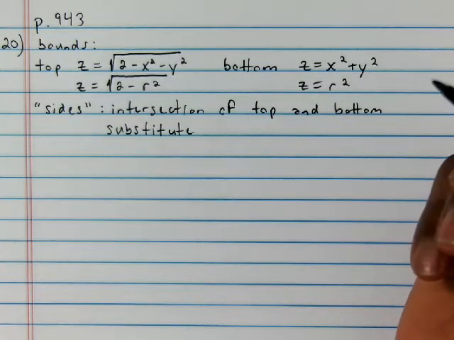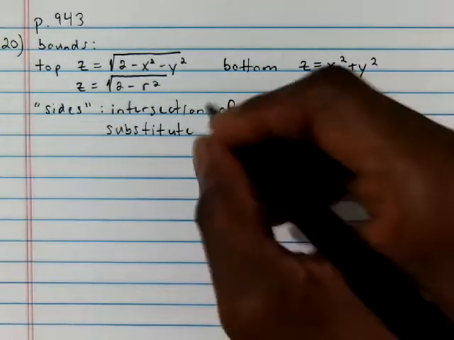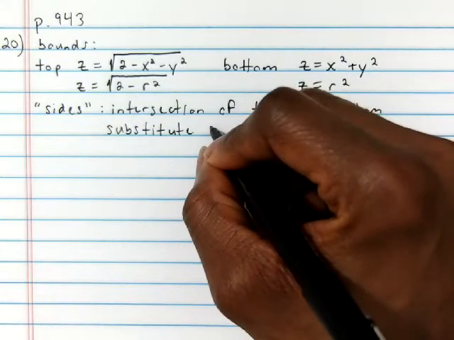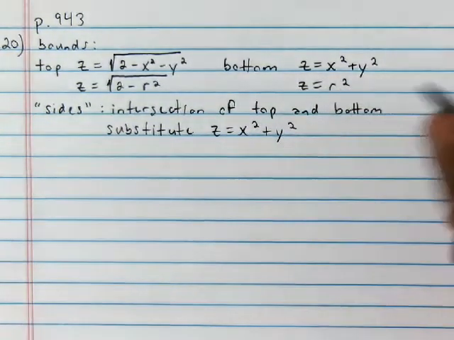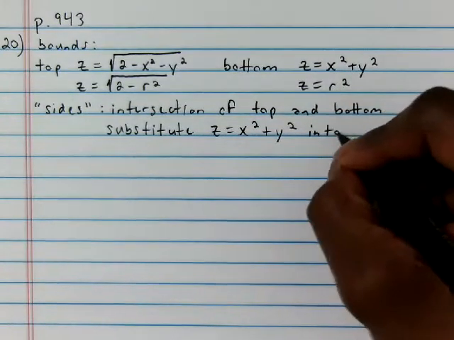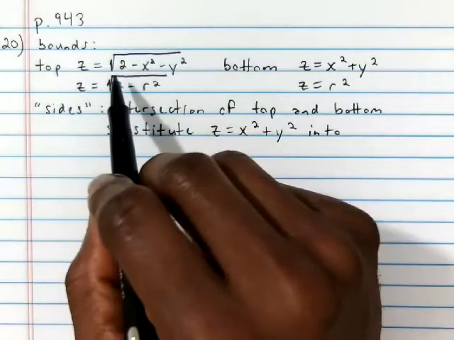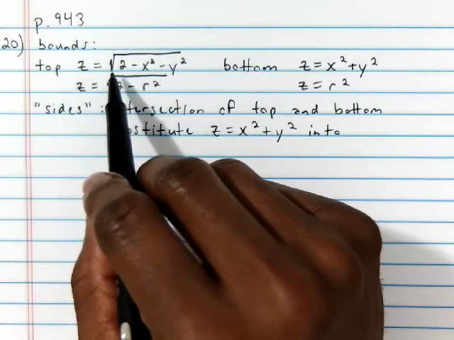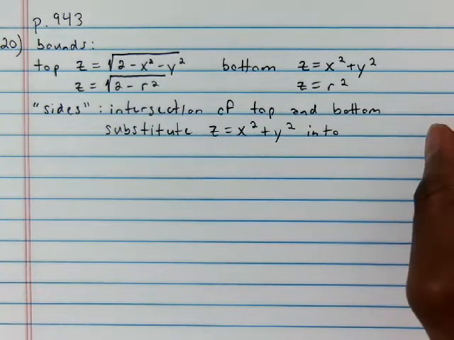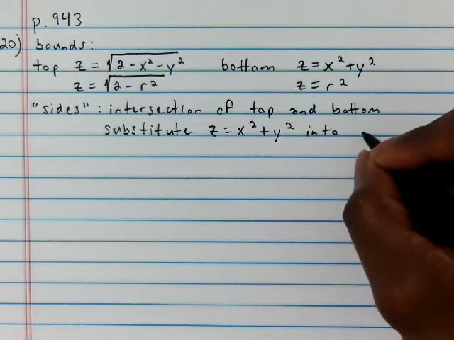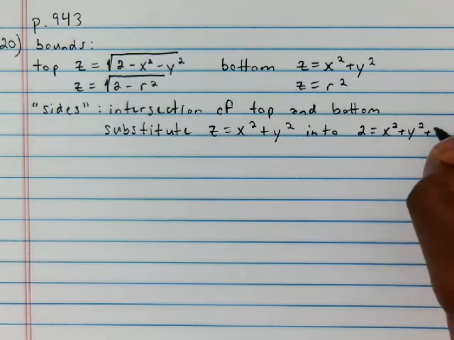So let's say we substitute z equals x squared plus y squared into the sphere that they gave us, which was 2 equals x squared plus y squared plus z squared.